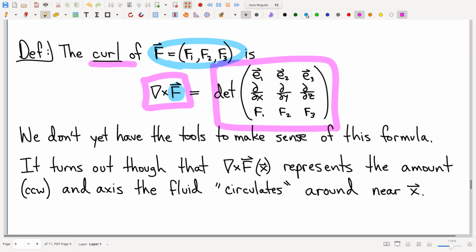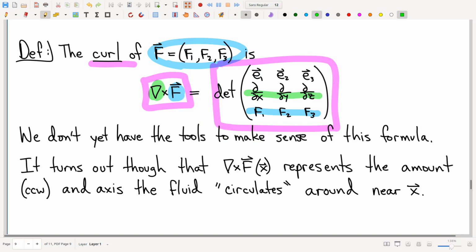Notice that my vector field makes up the bottom row. My del operator makes up the second row. And all that remains is to make sense of what I mean by a cross product. What an odd notation, right?